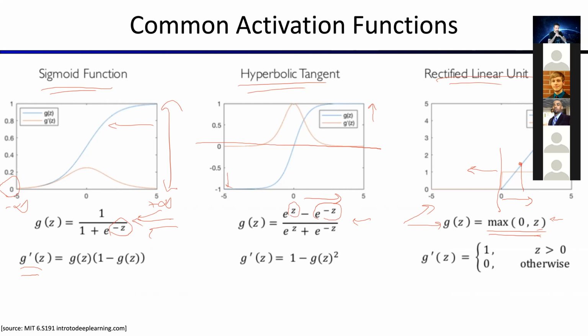One line of code, you can calculate g(z), and calculating the gradient of g is so simple. It is either 1 if z is positive, or 0 otherwise.